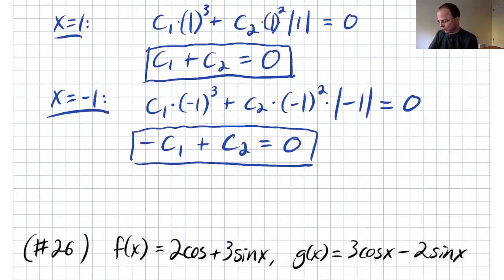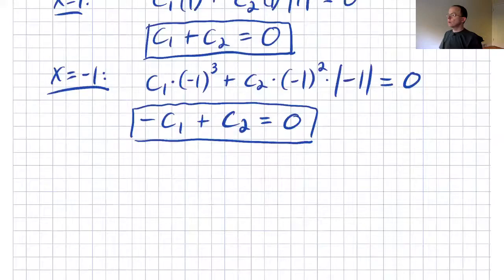And now you see again we have a system of linear equations: two linear equations in two variables. So we can solve these two equations to get the solution. I need to make a little bit more room here again.